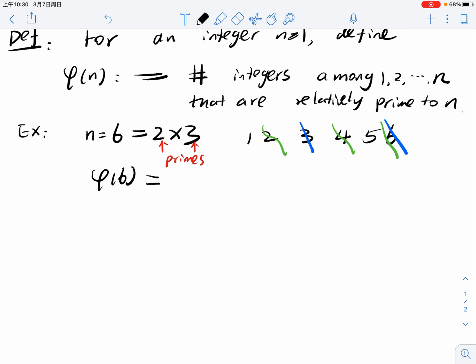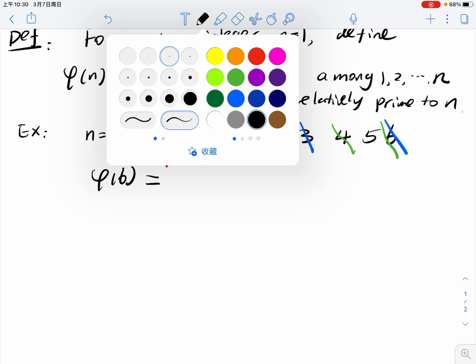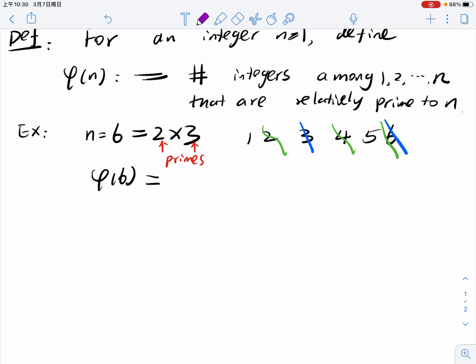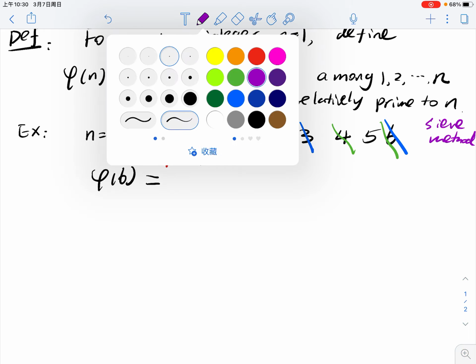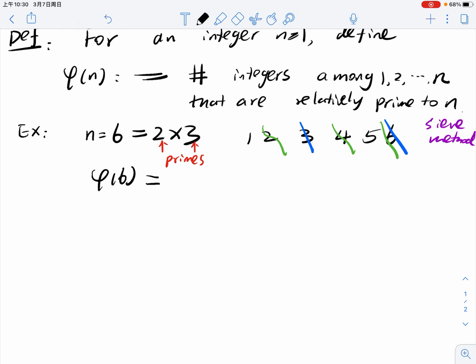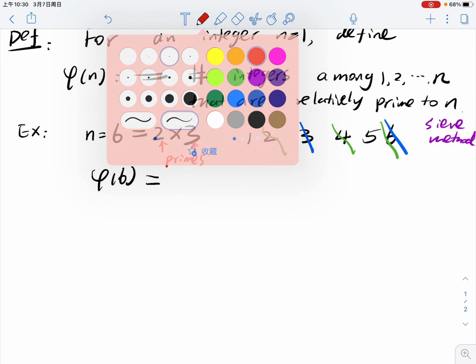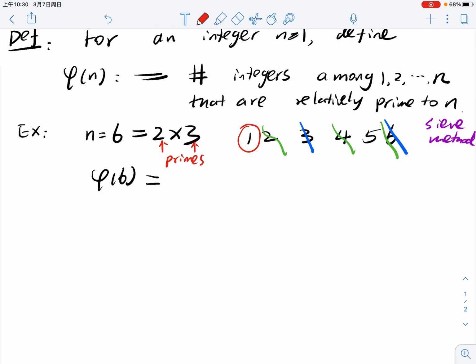Okay, and the way we do that is actually called the sieve method. It dates back to the ancient Greeks, probably 2,000 years ago or more. I can't remember the exact number, but a long time ago. And then the remaining 2 integers are relatively prime to 6.